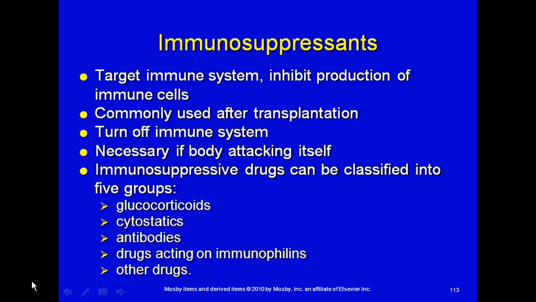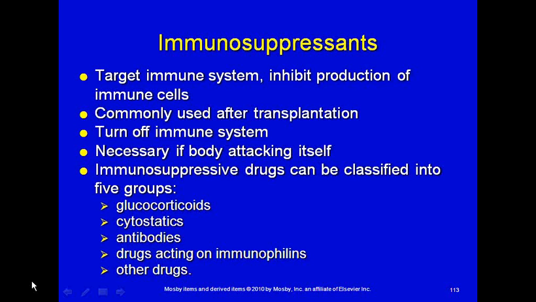And by taking immunosuppressants, they can decrease the likelihood of that happening. But the problem with turning off the immune system is that now their defense mechanism is down. Their guard is down, and they certainly are opened up to other opportunistic infections.